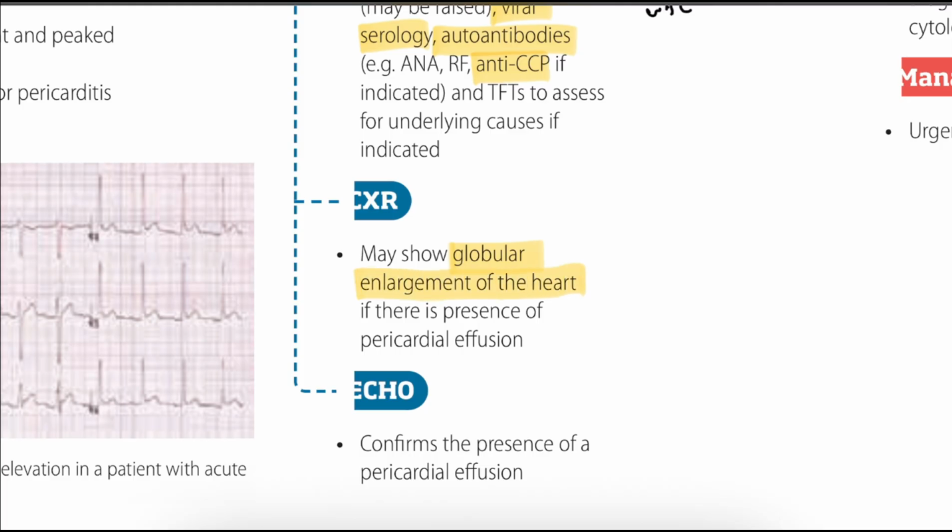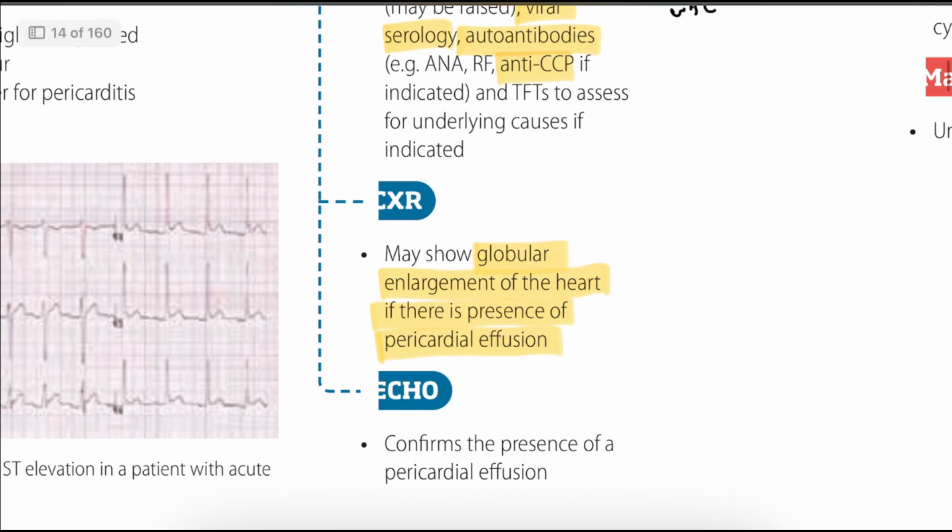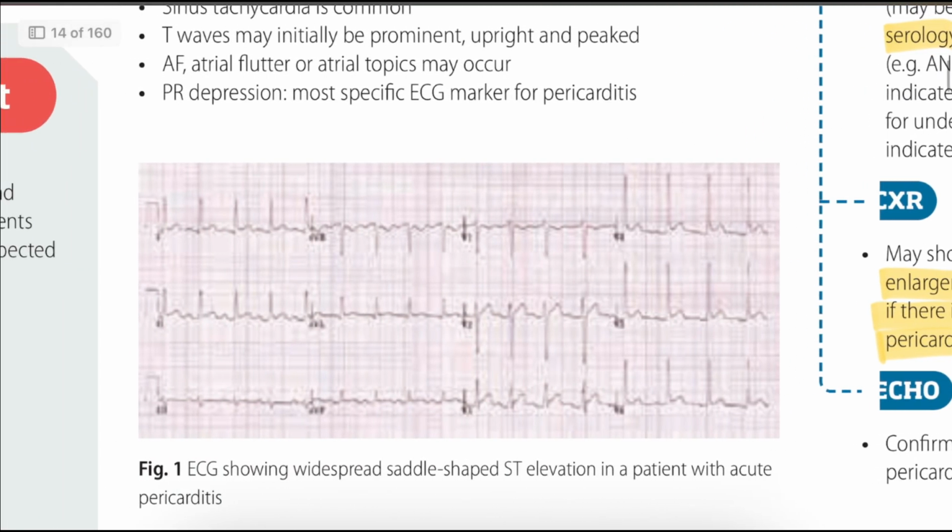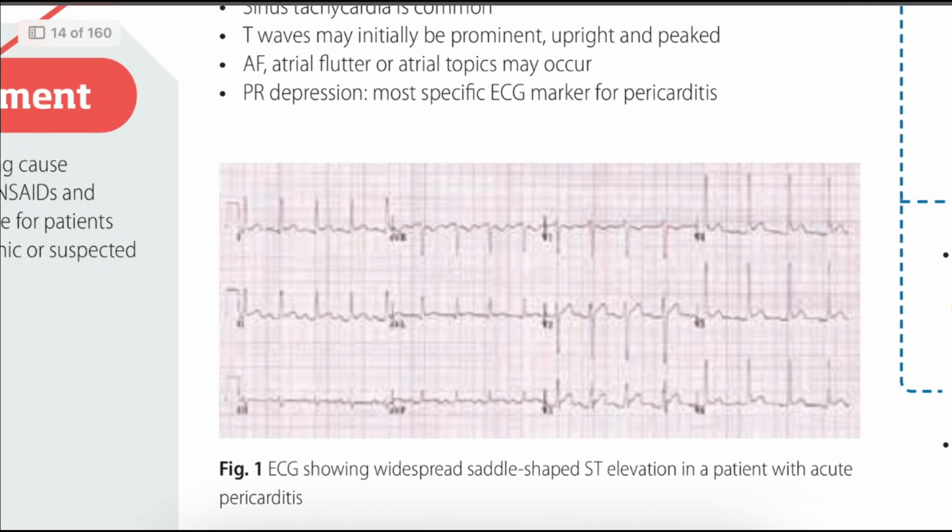Okay, next we can do an echo. Echo is the investigation of choice to confirm the presence of pericardial effusion, tamponade physiology and ventricular function. Okay, so next we have one criteria to diagnose pericarditis.